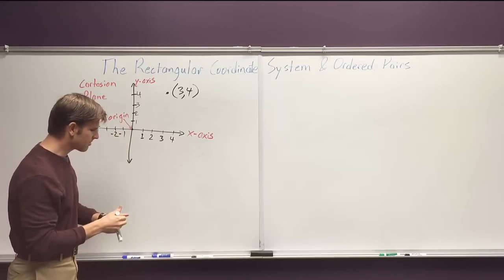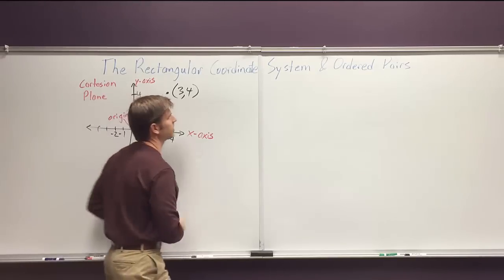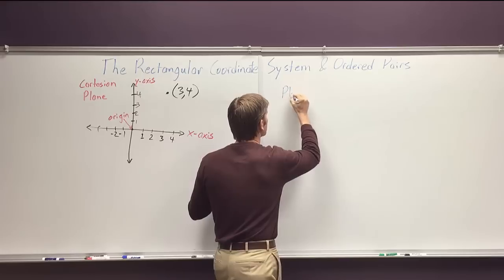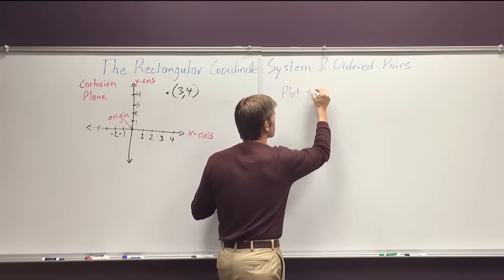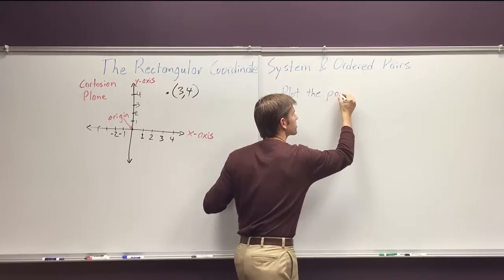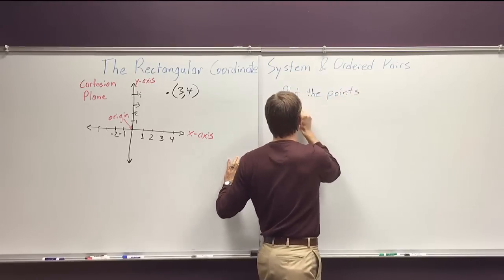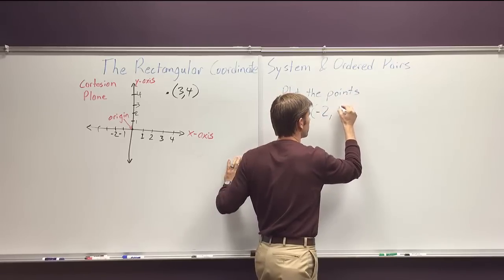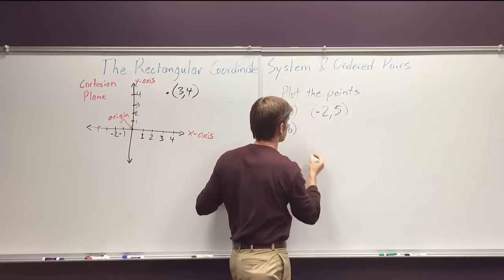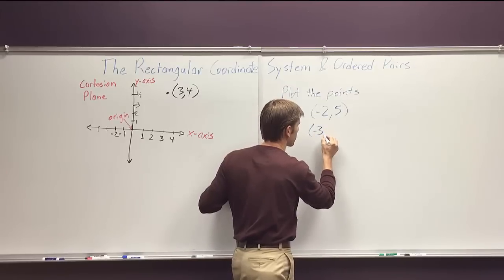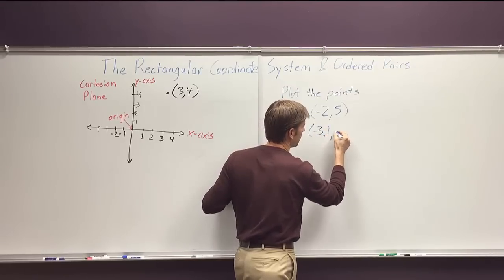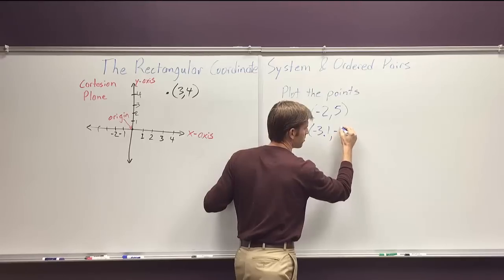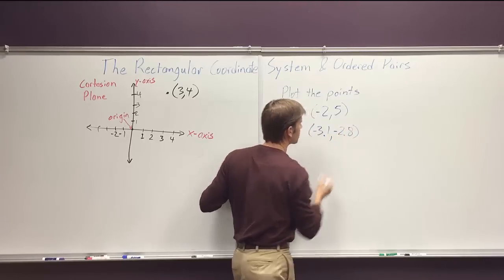And so let's imagine you wanted to do something like plot the points (-2, 5) and (-3.1, -2.8).